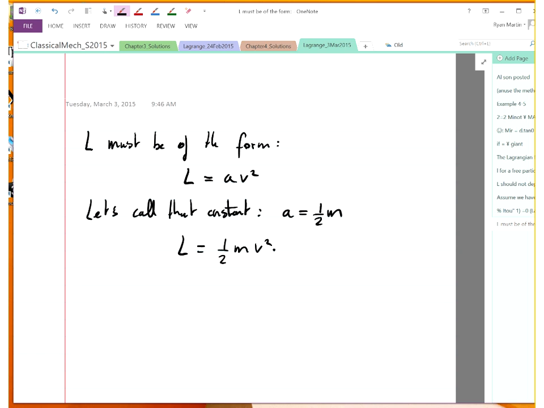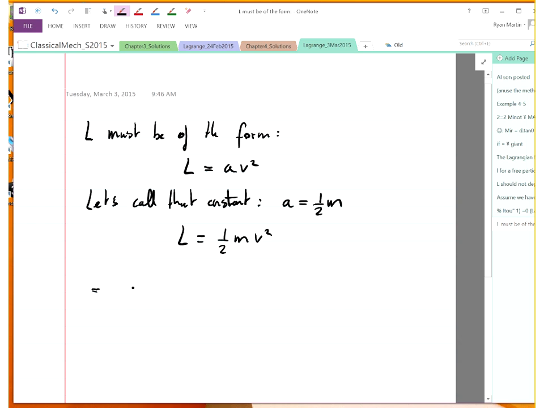Or in other words, this is the definition of the mass of the particle. It's the term that goes there with the v squared. So if we use different units of mass, then that constant m wouldn't change the equations of motion. It would just change what we call the units of mass.